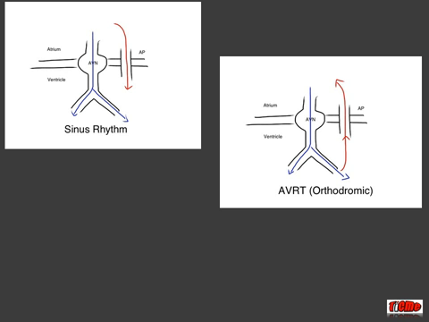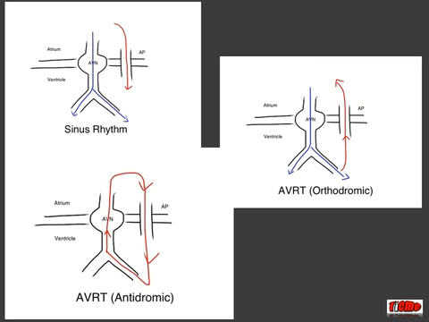If we set up a reentrant tachycardia using the accessory pathway, the first sort is called orthodromic or standard direction. The signal comes down the AV node but then is allowed to re-enter via the accessory pathway. So this will form again a narrow complex tachycardia because we're going through the AV node and the bundles first, but it's re-entering via the accessory pathway.